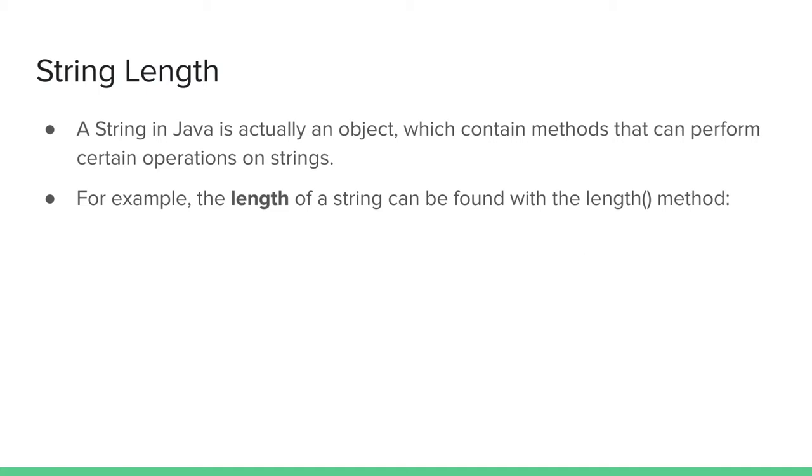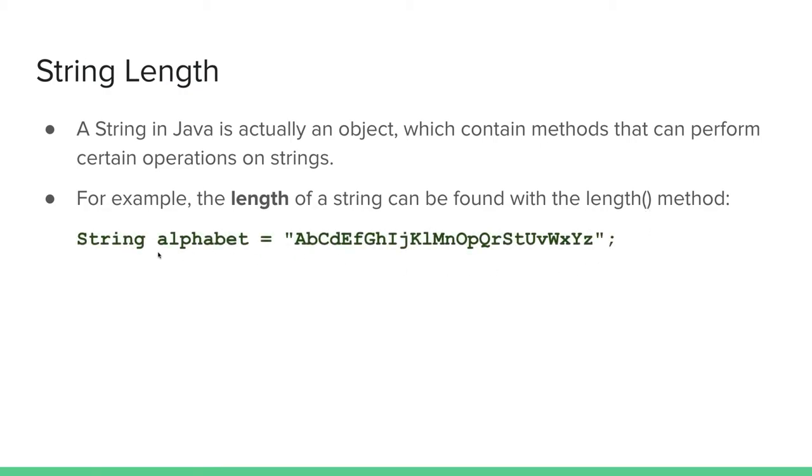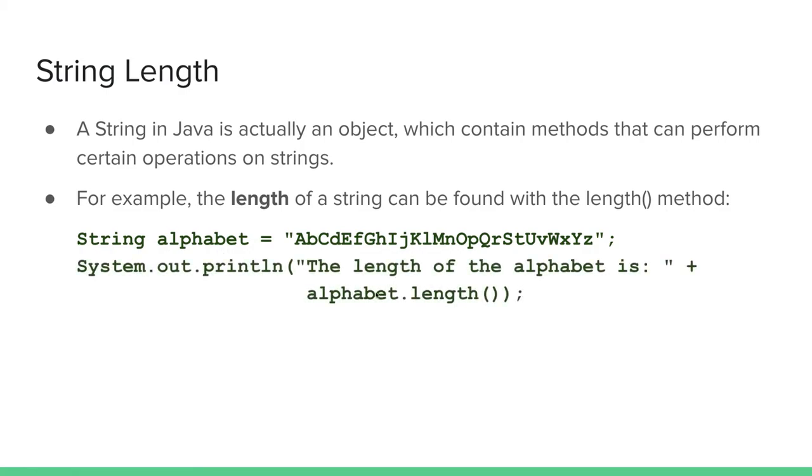The length of a string can be found with the length method. Say we have a string called alphabet, and calling alphabet.length will output 26. Of course, we say the length of the alphabet is 26.